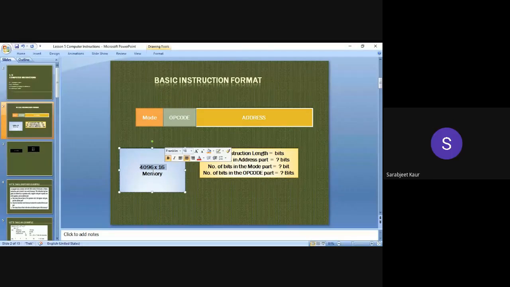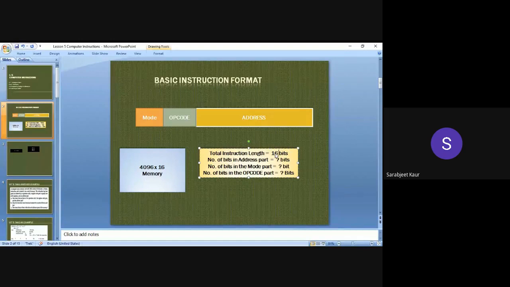This 16 bits is also sometimes referred to as the word length of this particular architecture. Yes or no? Yes, ma'am. So this is clear, right? Now, the total number of bits is 16 bits.